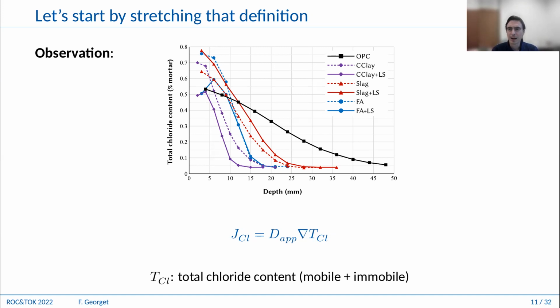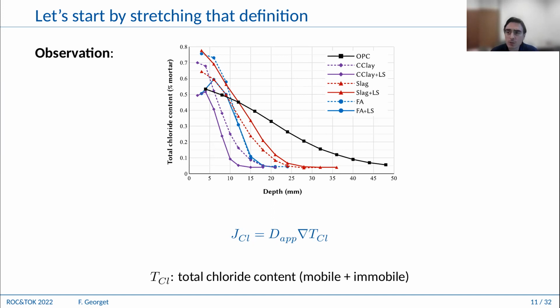But the total chloride content contains both mobile species, the chloride in the solution, and immobile species, the chloride that is bound to the solid phases. So this gradient is not really a good driving factor because some of these elements cannot move.